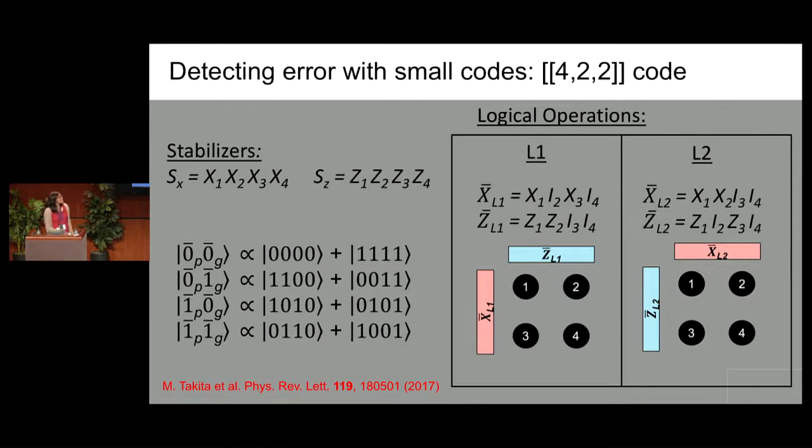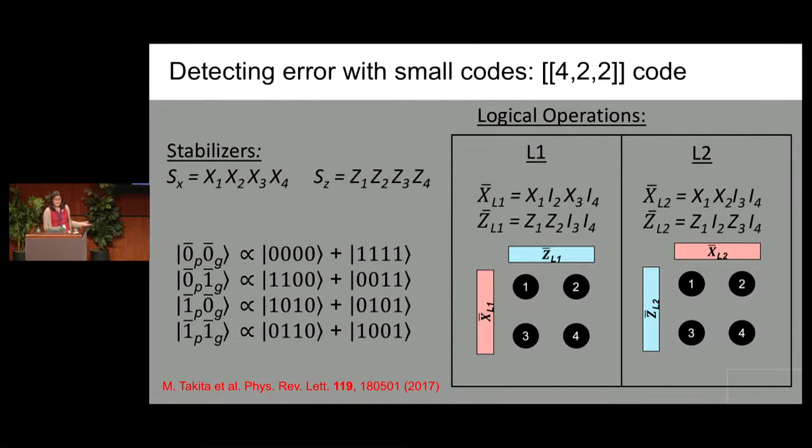When I ran this 422 code experiment, looking for error wasn't the point of this experiment, but nonetheless, I was looking at the 422 code. Just to briefly go over what this is, the 422 code is a 4-qubit code. There are 2 logical qubits that you could encode, L1 and L2.